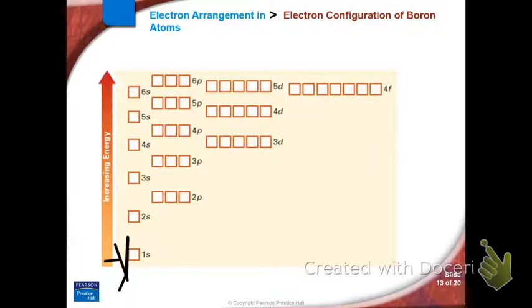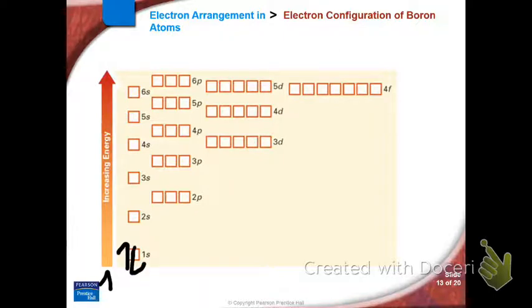Hang on, I'm going to switch technology here. Okay, electron configuration of phosphorus. Let's try it. It's got 15 electrons. Okay, here we go. So 1, 2. Give it the opposite spin.